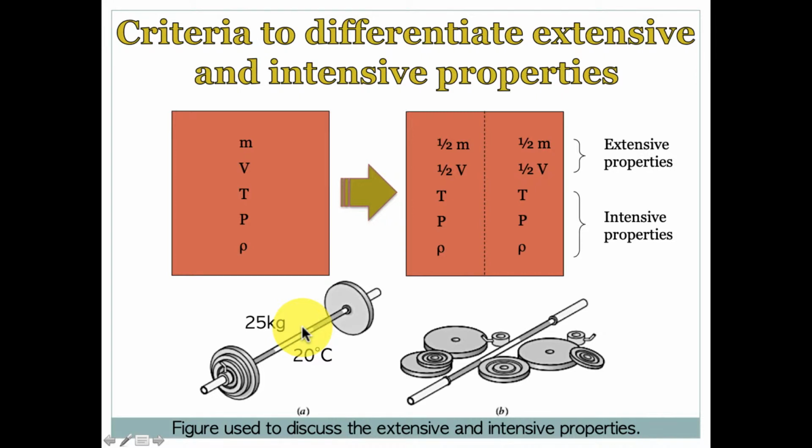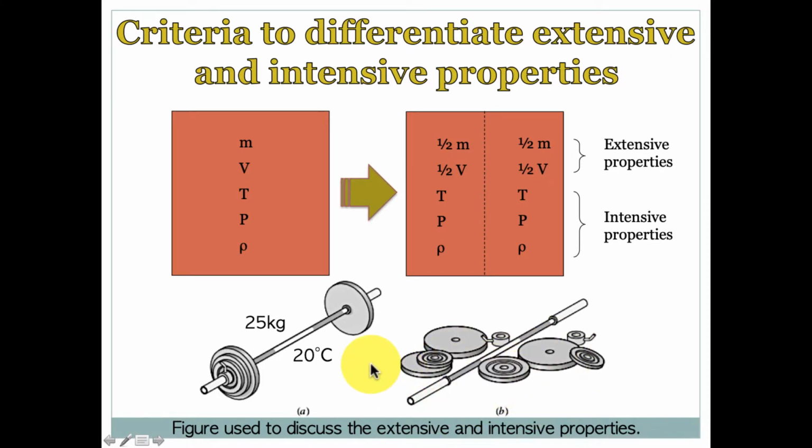We have an amount of matter that is uniform in temperature, which is at ambient or room temperature of 20 degrees Celsius. And another is composed of several parts, before the barbell and the weight plates are being combined together.